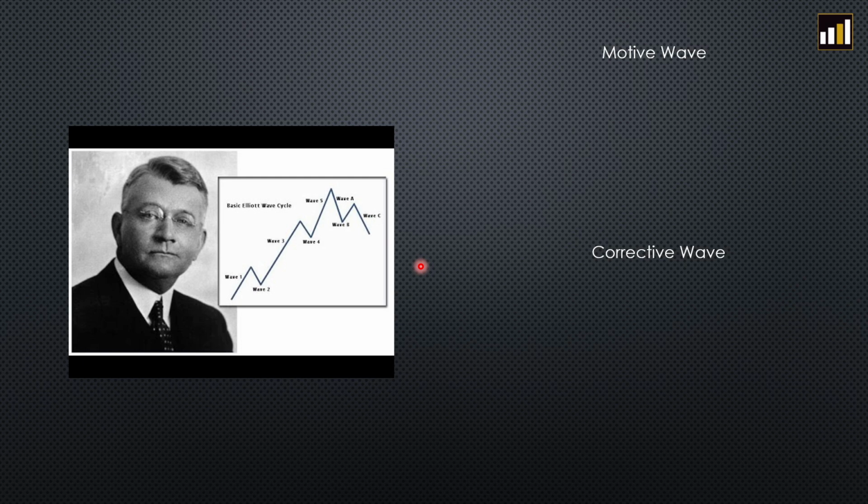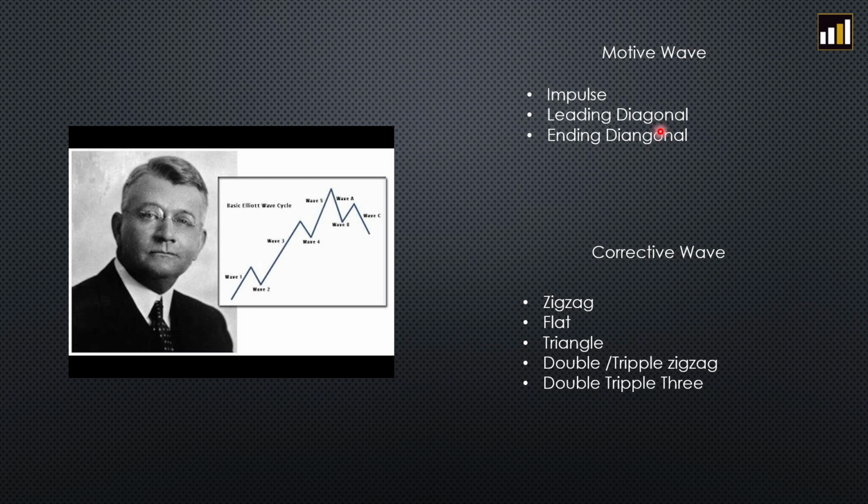What's its motive? Now, he says that a motive wave starts off at A, and it has its direction, B. It wants to get there. And how does it get there? That is the thing. If it's a motive wave, it gets there in a certain way. It gets there with an impulse move, or a leading diagonal, or ending diagonal. But the thing is that it ends up where it wants to go. It's like a trend. It starts off at A, and it goes to Z. It has a direction.